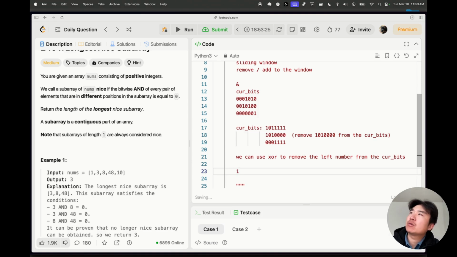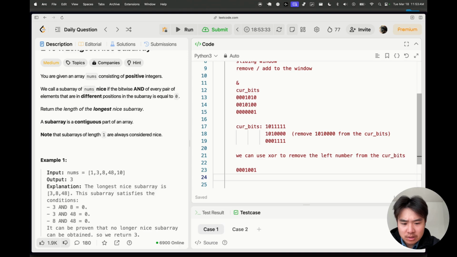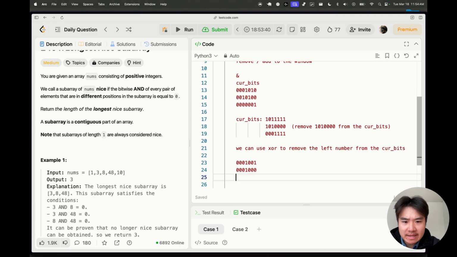Or how do we know that the window is valid? Let's say this is our current window and we're about to add this. If we AND it together, we want a 0. So if the cur bits ANDed with the cur num is not a 0, then it's not a valid window.